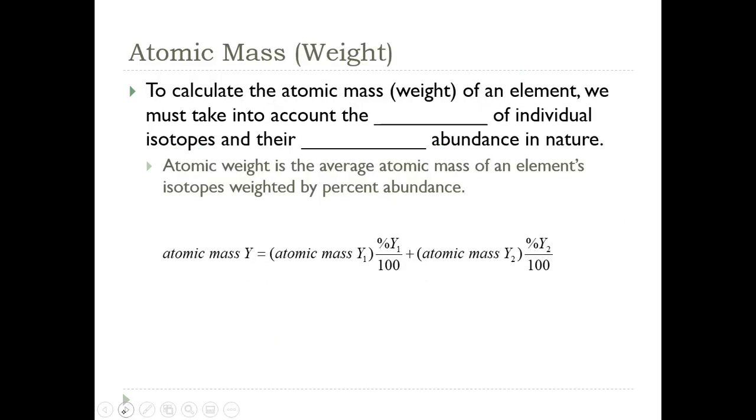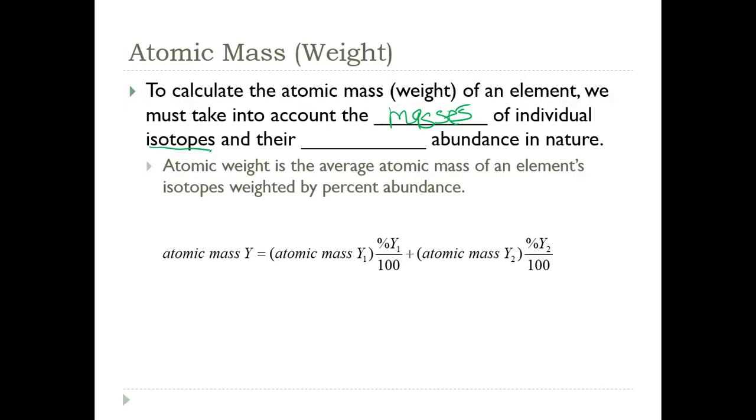So how do we calculate atomic mass or atomic weight? To calculate the atomic mass or atomic weight of an element, we must take into account the masses of individual isotopes. So we said that isotopes were atoms of the same element that differed slightly in their masses because of different numbers of neutrons.